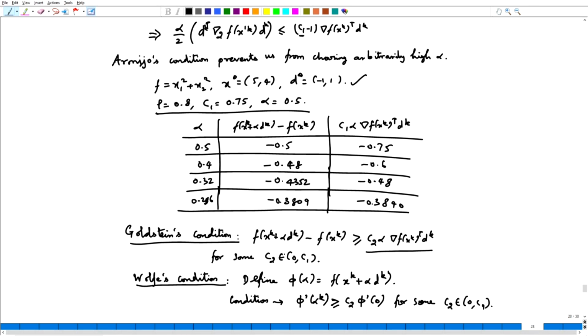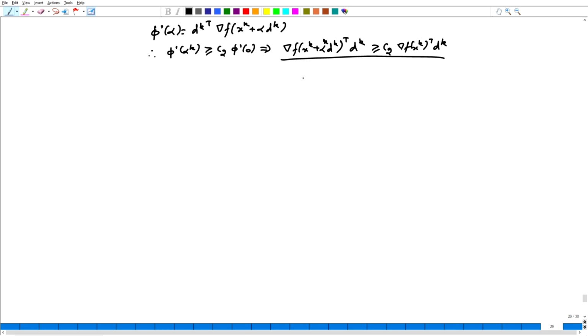The left hand side is slightly different, but you can see that it is f of x k plus alpha d k minus f of x k by alpha. That looks like the condition for differentiability, so you have something similar to what you would have for a derivative.